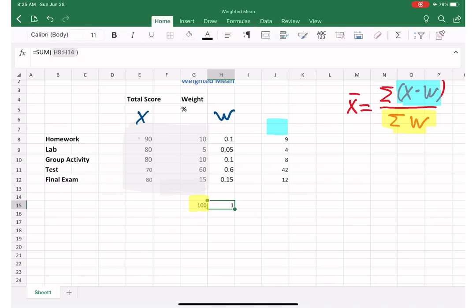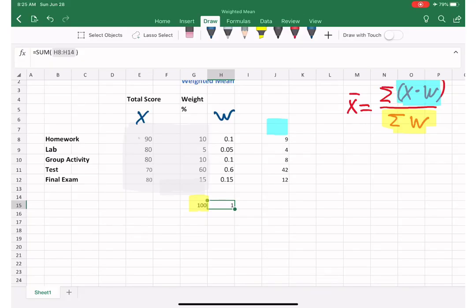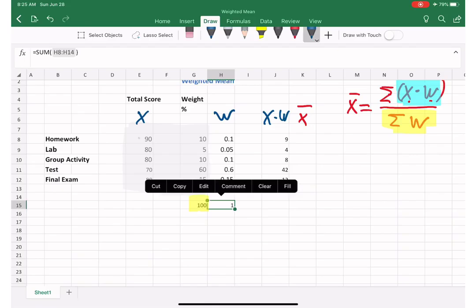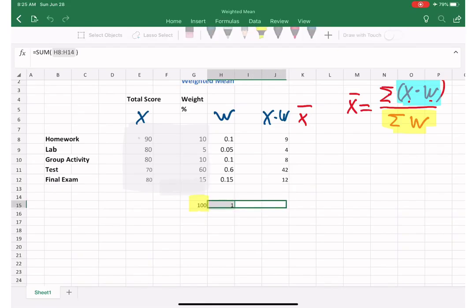So finally our X bar, red color, our X bar is going to be, let me put it here. So sum of X times W, where this is our X times W. Let me write down here also. Now blue color. And here I will have formula. I'm just going to drag and fill in, because it doesn't matter.